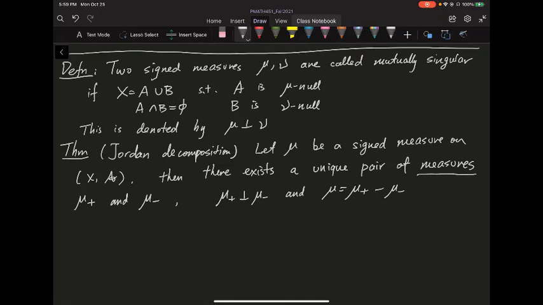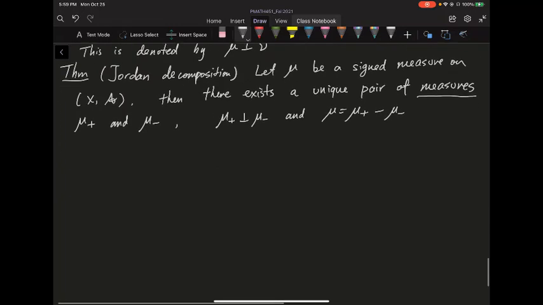They're mutually singular, and mu is just the difference of these two measures. You can think about this Jordan decomposition as dividing a measurable function into the positive part and the negative part. So mu plus is like the positive part of your signed measure, and mu minus is the negative part.